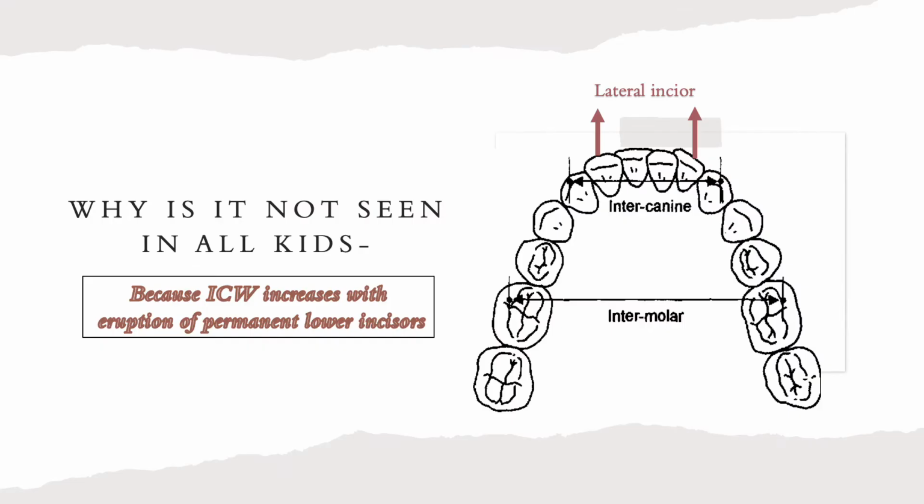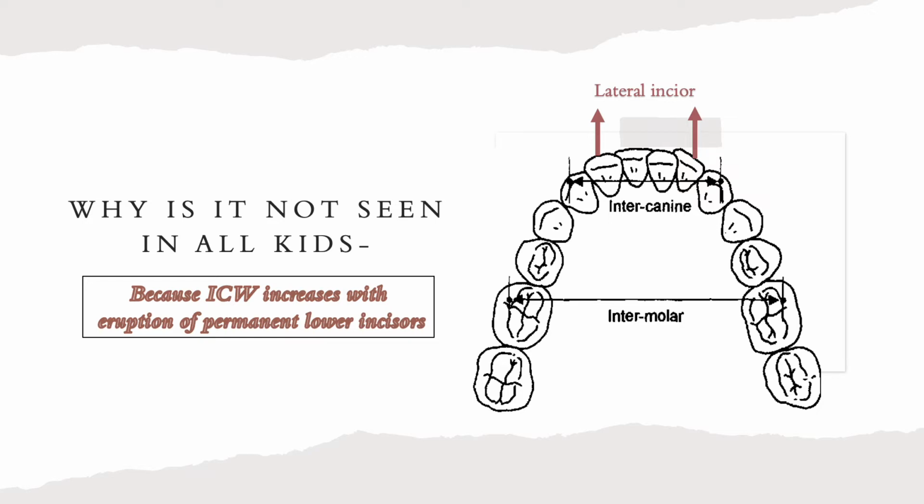Now, why is it that not all kids have this lower incisor crowding, and some children have it? That is because as the permanent lower lateral incisors erupt, simultaneously there is an increase in the intercanine width, as you can see on the screen.